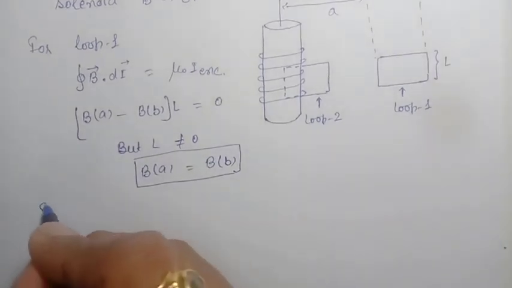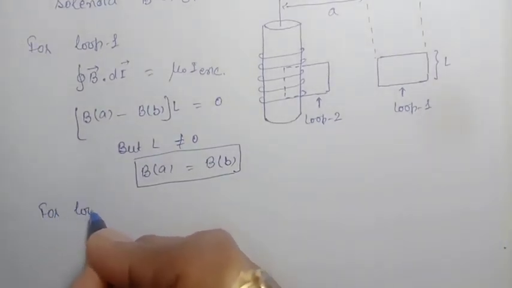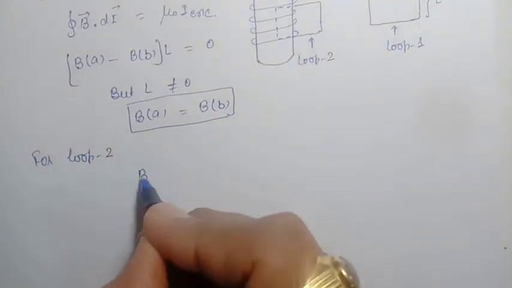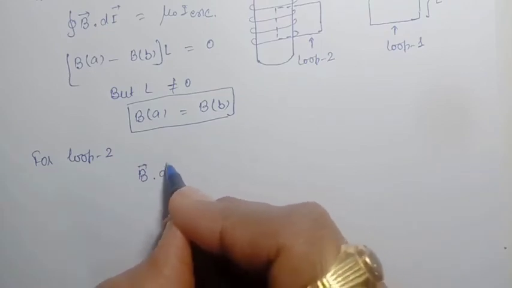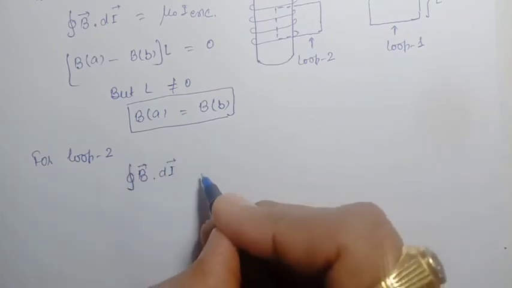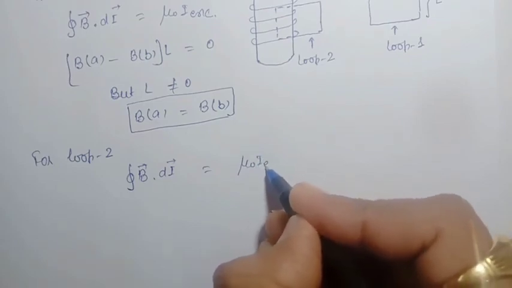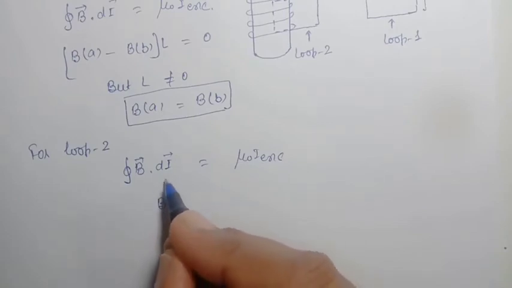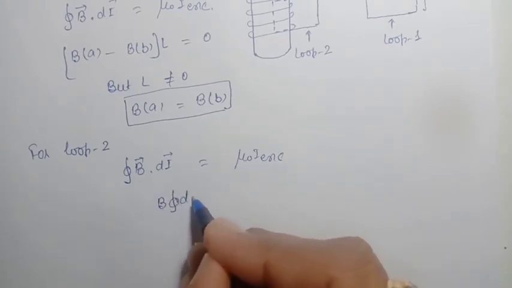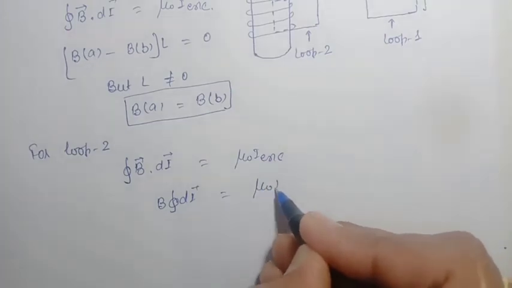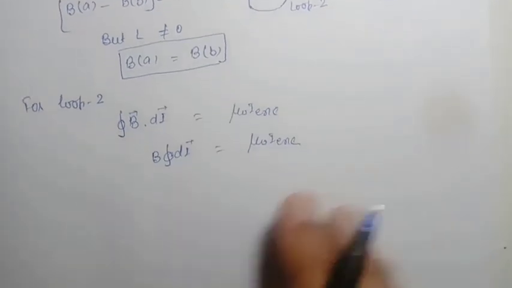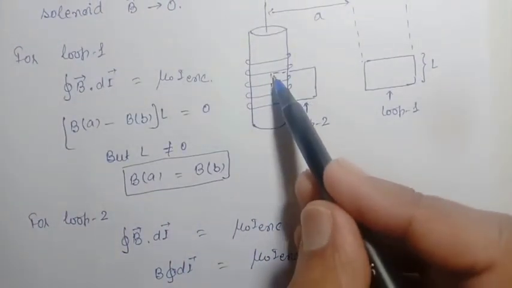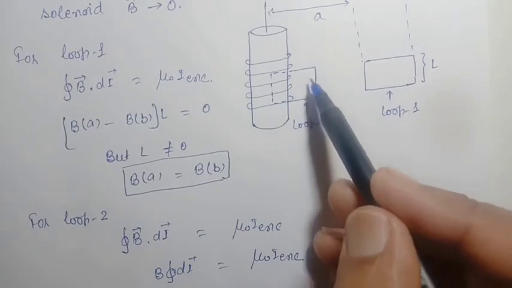So the next point here is for loop 2. Here, as per Ampere's law, ∮B·dl equals mu naught I enclosed. Only this portion will contribute, that is, this length will contribute, because the other part is outside, so it will not contribute.